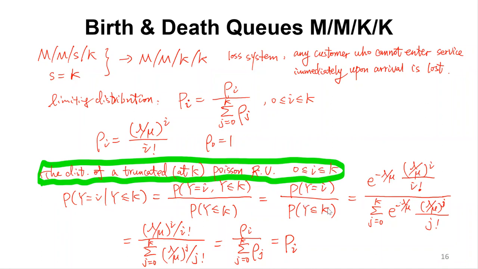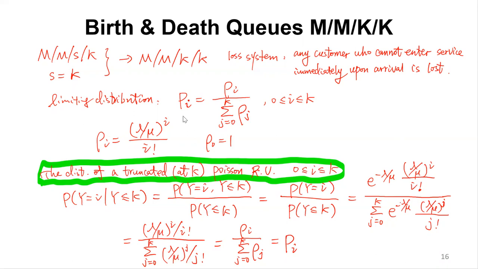And here, Y less than or equal to K is the summation from 0 to K over all the j. If we calculate this, it becomes (lambda over mu) to the j over j factorial. And this part is this part, this part is rho_i.